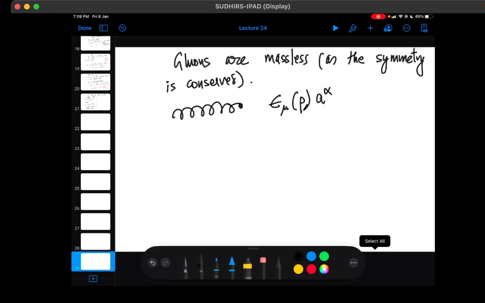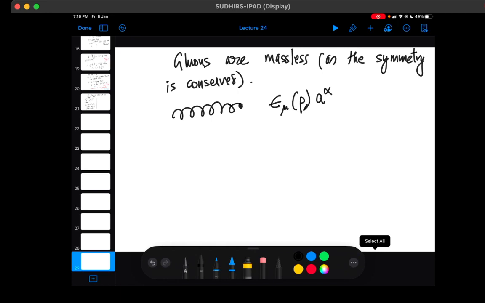So then an outgoing gluon, so the gluon would have an alpha here. The gluon would have two colors, remember that. It's a combination of color, anti-color, or whatever, meaning it will have something like that. So whatever it is, we put it in alpha.